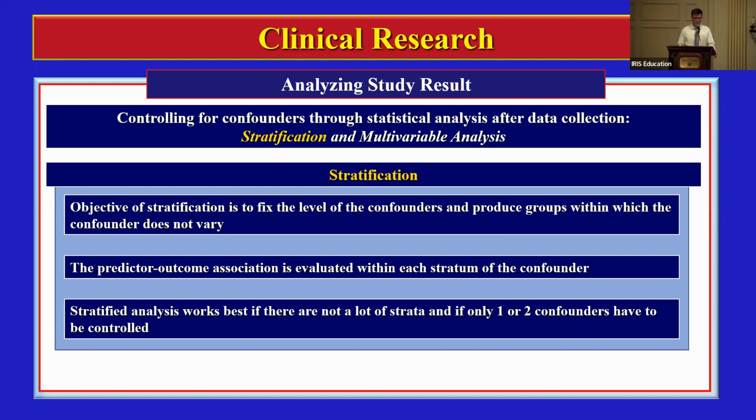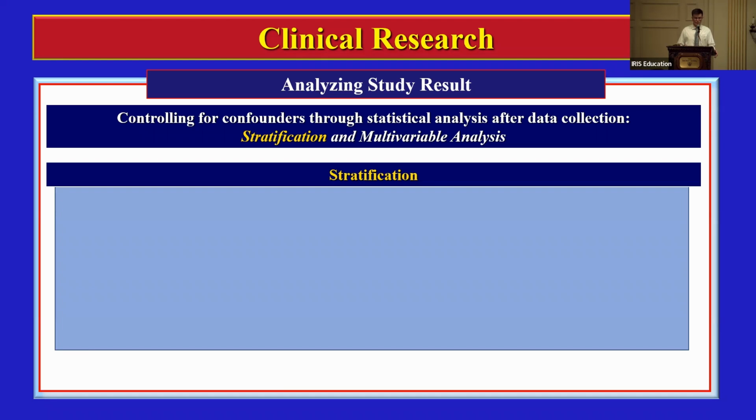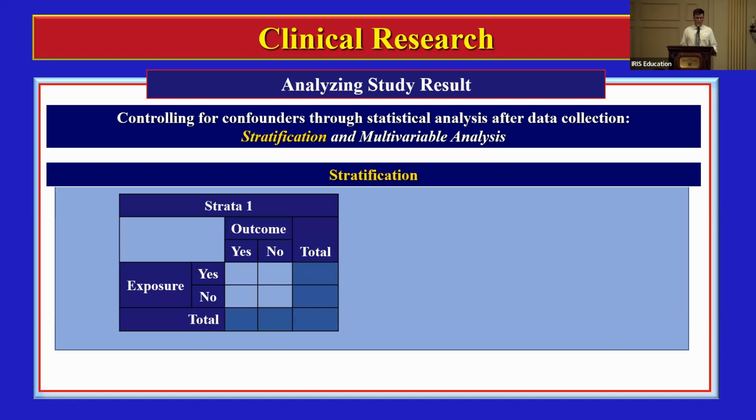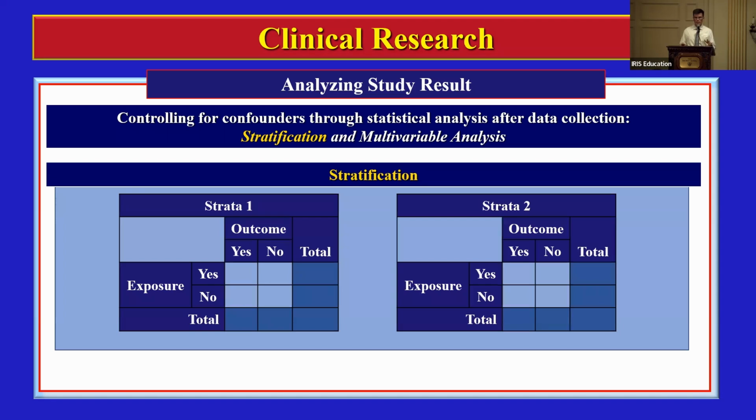The reason is, let's say we identify a confounder and we stratify our data. We'll let this 2x2 table represent strata 1, with some exposure that we're trying to associate to some outcome, and this is strata 2. We'll get into measures of association in the next presentation.